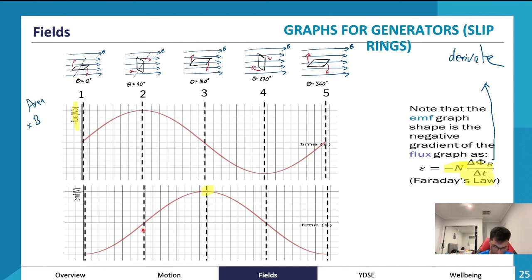So you can see at these two maxima and minima, the greatest EMF will happen when the flux is equal to 0, and you would generate 0 EMF when the flux itself is at its greatest. So at these 2 points, we have the greatest flux, so our EMF is going to be the lowest because our change in flux is the lowest.